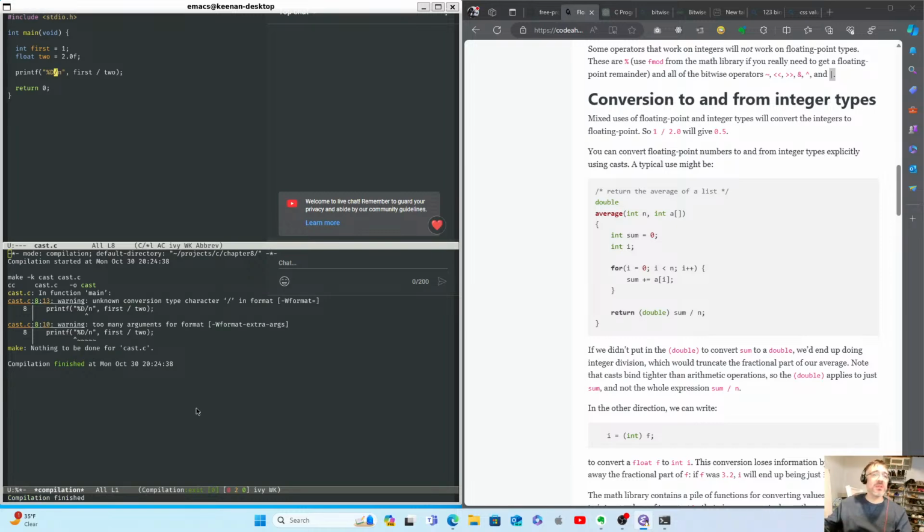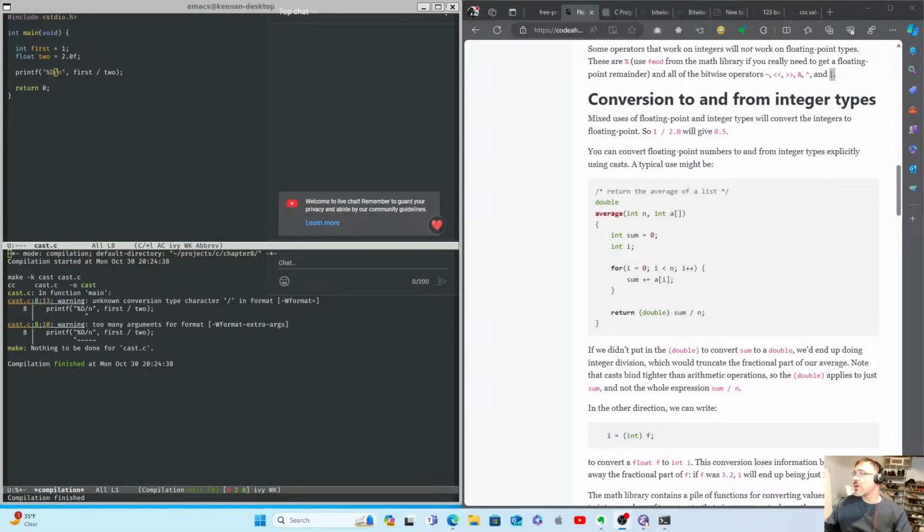Let's look at my notes here. Where is the reference?